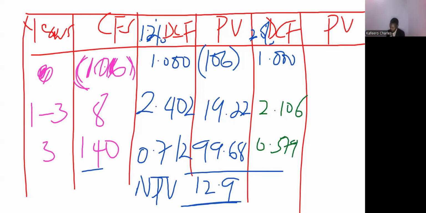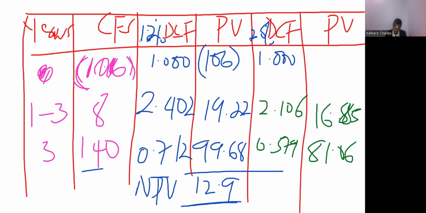Then we start multiplying. So this is going to be 0.579 times 140. That is giving us 81.06. Then the 8 times the 2.106 is giving us 16.85.